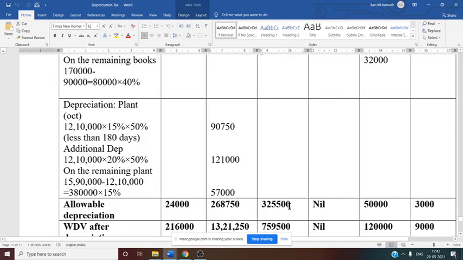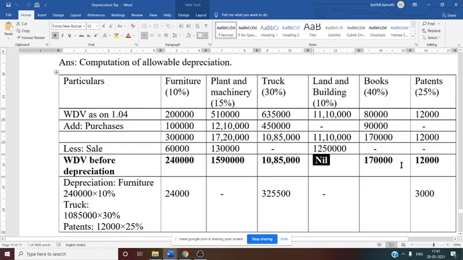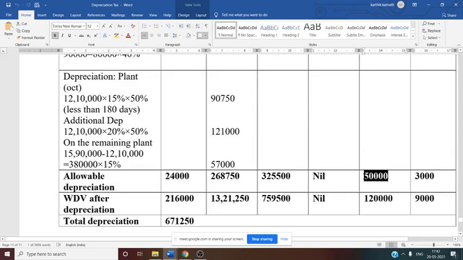See this written down value after depreciation. Next land and building 10%, that is nil. So anyways, there is no depreciation. Book, now book, if you see 1,70,000 minus 50,000, you'll get written down value after depreciation 1,20,000 for book. Now patent is written down value before depreciation 12,000 minus this 3,000, since no other depreciation. Directly written down value after depreciation is 9,000.